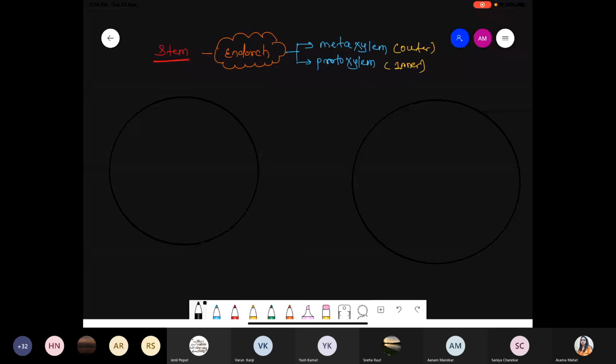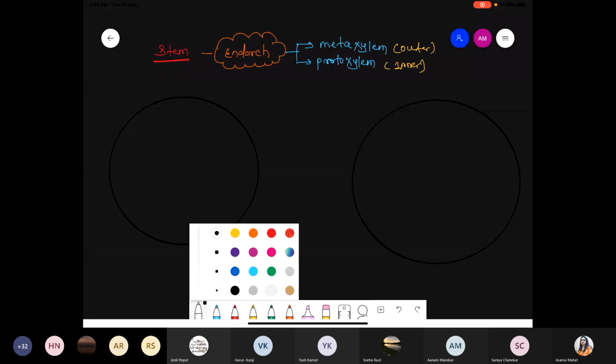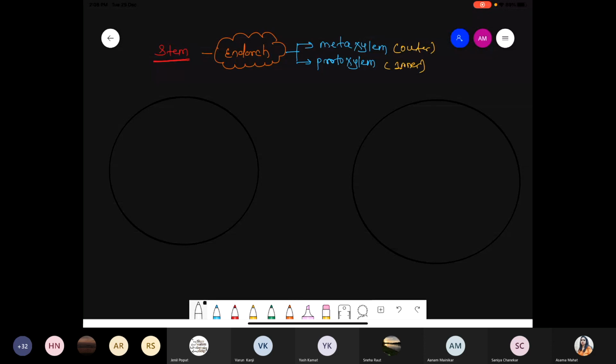So first of all we start with the dicot diagrammatic representation, and whatever names I am giving are the very common names. The outermost layer, this one, is called the epidermis.